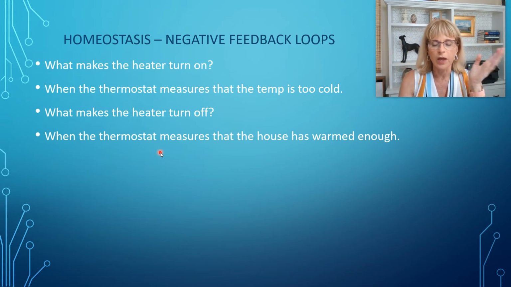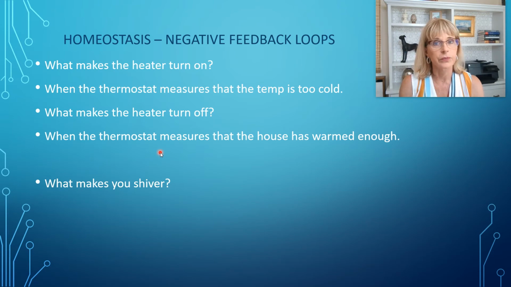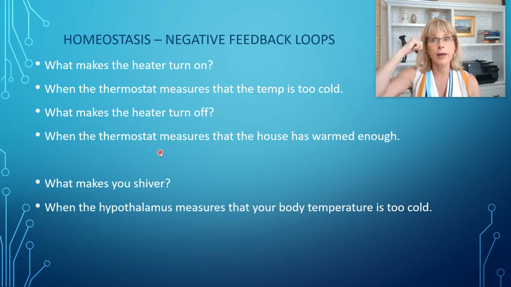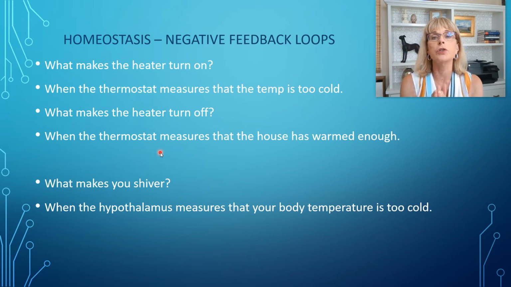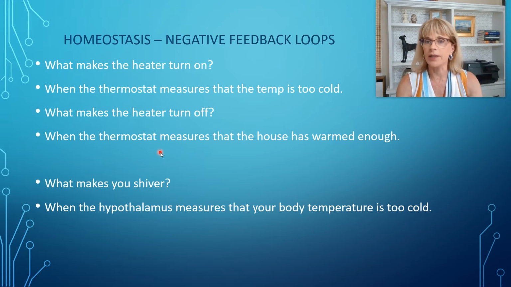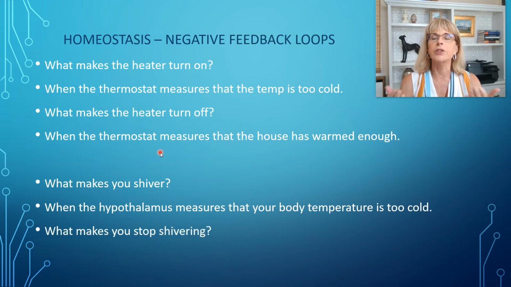Let's start with just a physiology example. What makes you shiver? You shiver when your hypothalamus, part of your brain, measures that your body temperature is too cold. If your hypothalamus measures that your body temperature is too cold, it will send out a signal that will turn on a mechanism that will start you warming up: shivering.